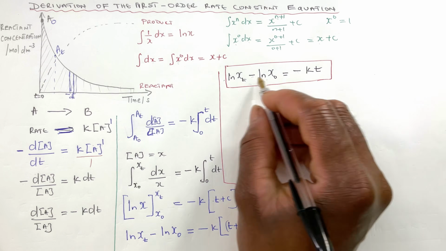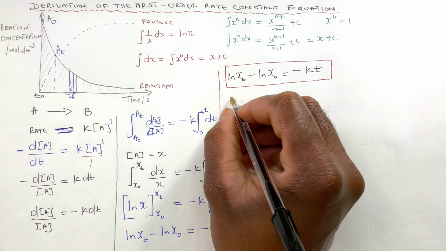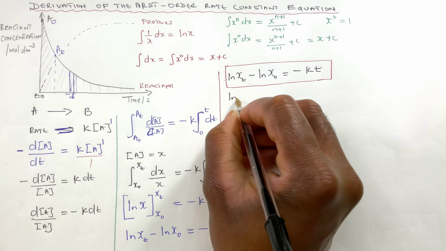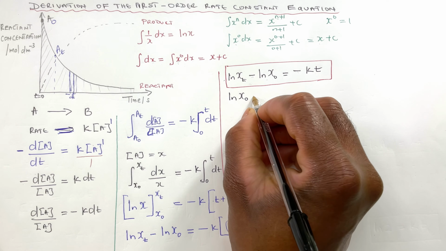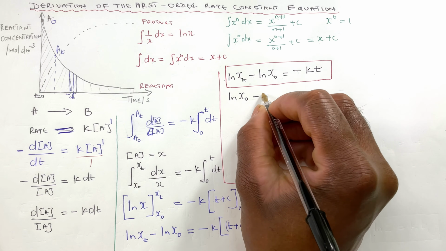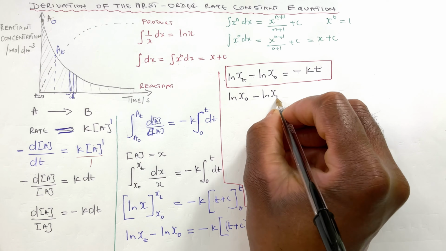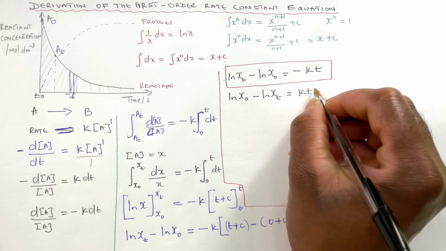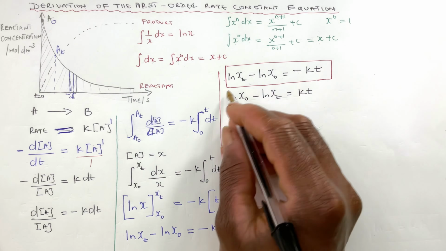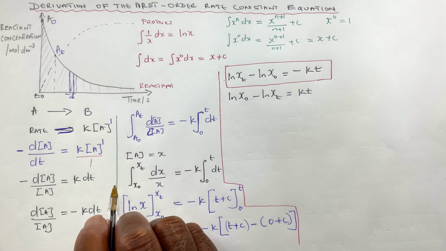Because I'm multiplying both sides by minus 1. So we get ln x naught minus ln xt, which equals kt. So that's another way of writing the equation.